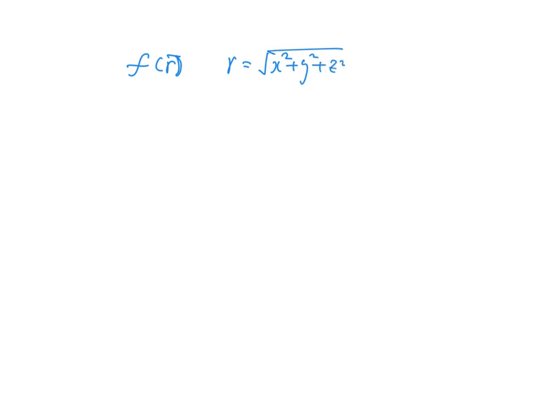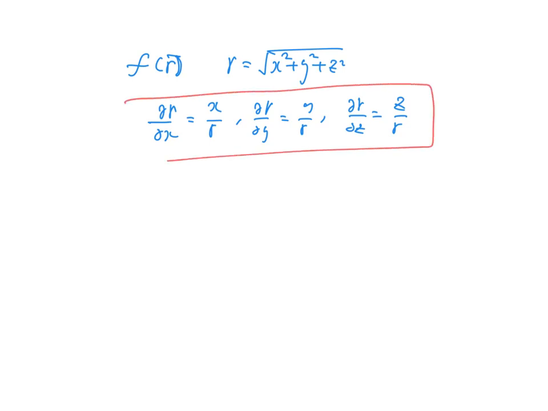So by now, you know this derivative: partial r over partial x is x over r, partial r over partial y is y over r, partial r over partial z is z over r. So this is actually a good example for checking the chain rule.